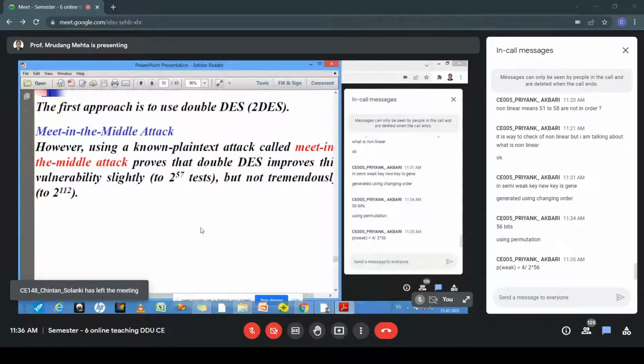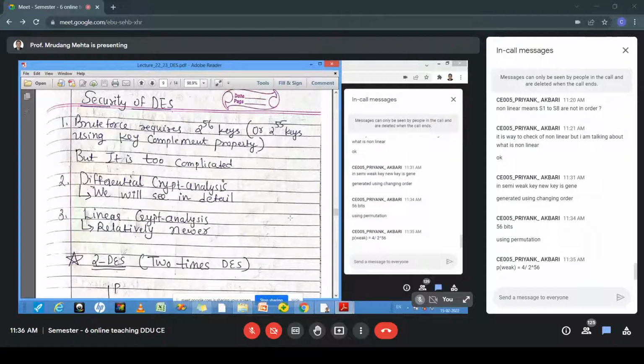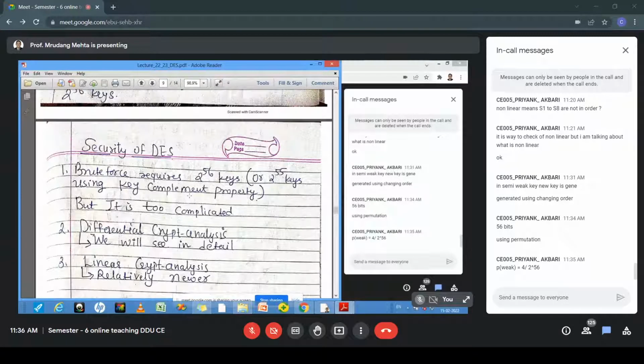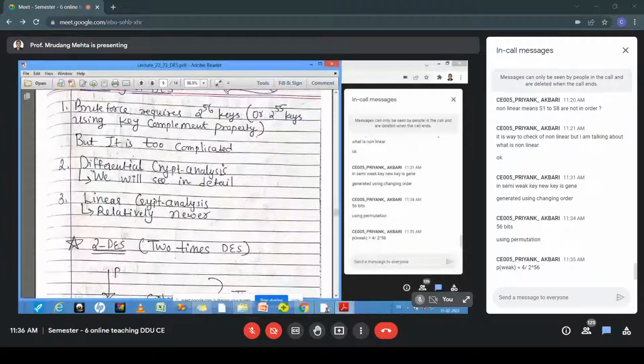Okay. Now there is a concept of meet in the middle attack. Let us understand the security of DES. Brute force requires 2 raised to 56 keys. As I discussed, if we apply this complement fact, then we have to divide 2 raised to 56 by 2. Half of the keys we have to test.